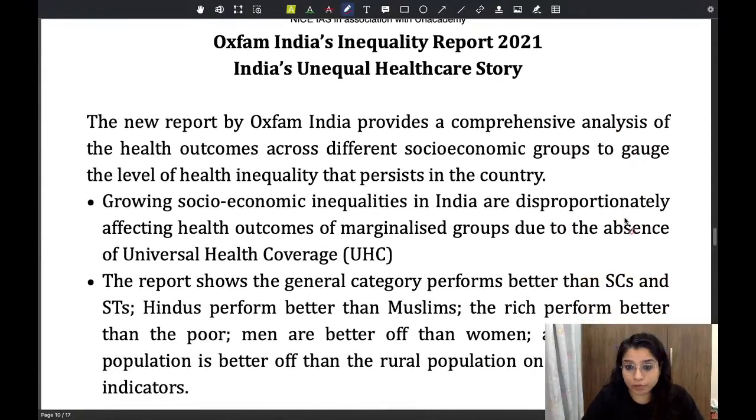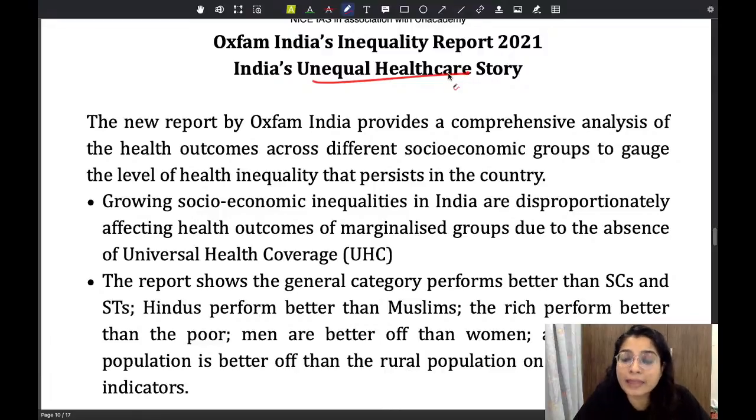Now, the most important report, the latest report of 2021 by Oxfam. What is the key theme of it? It talks about the unequal healthcare story. In these COVID times, you know that access to healthcare was so unequal, so limited. This health topic can be a part of your essay, a part of your GS paper 1, GS paper 2, as well as your optional.